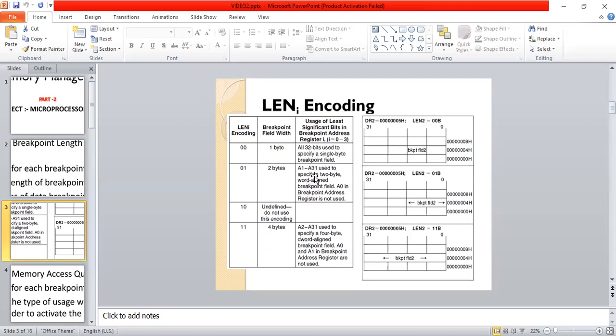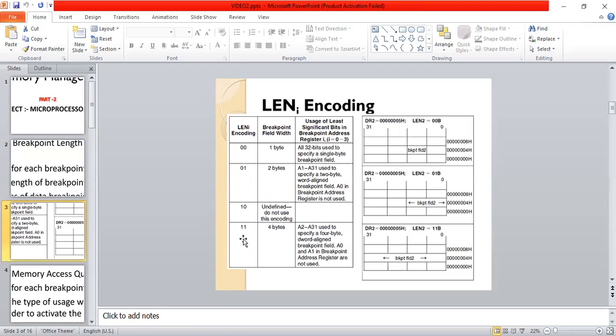A1 to A31 are used to specify the 2-byte word aligned breakpoint fields. A0 in the breakpoint address registers DR0 to DR3 is not used. 10 breakpoint field width is not defined here, and the usage is also not specified.